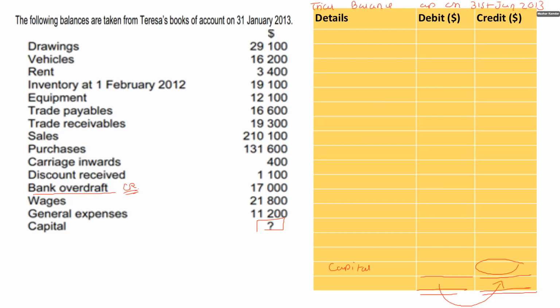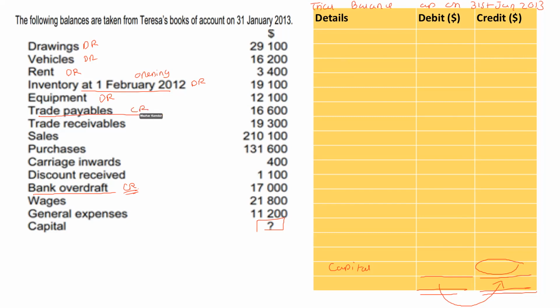I will just discuss the debits and credits with you. Drawings debit, vehicle debit, asset, rent expense debit. Inventory is always the opening inventory. It is an asset, debit. Equipment asset debit. Trade payable, amount yet to be paid, creditors, credit.